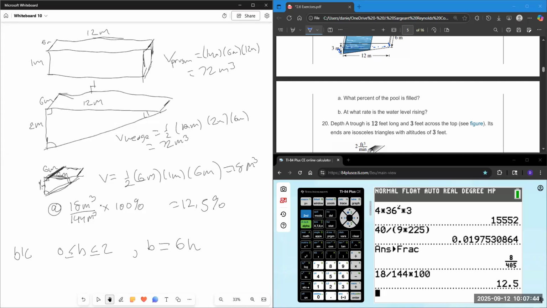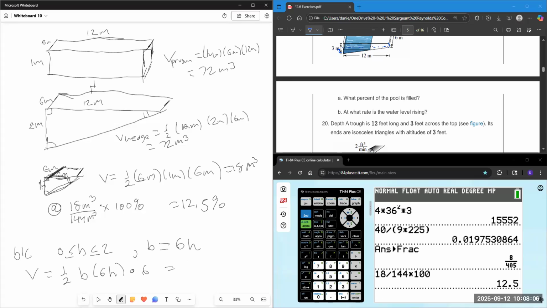So I can use that to write my volume formula as 1/2 base times height times the width of the pool of 6. So half of 6 is 3.